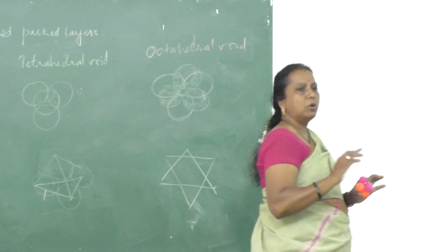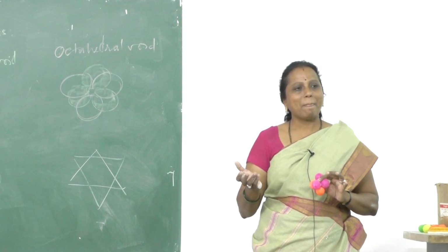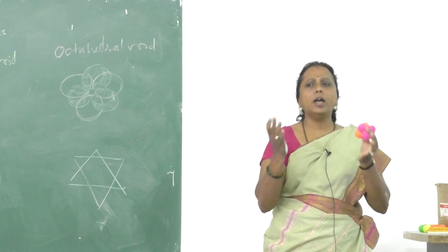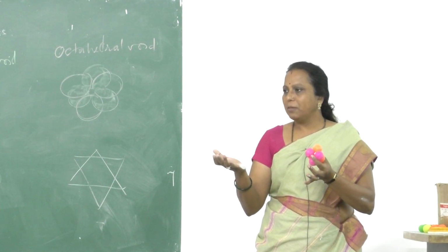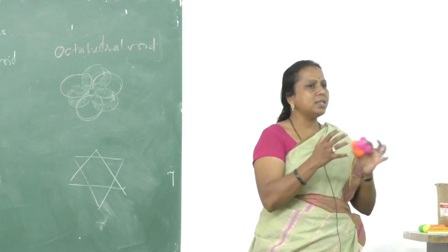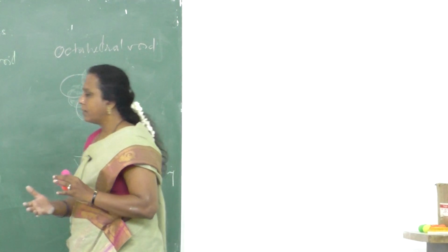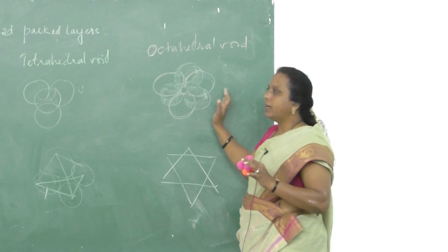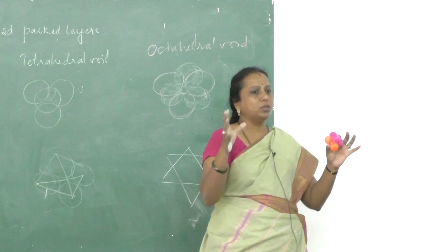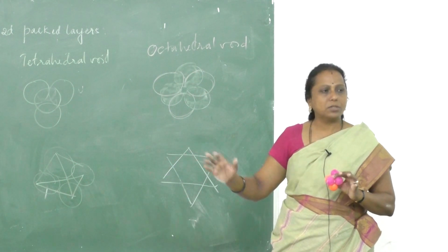See, which void is smaller? More the spheres, more the void. More the spheres involved, greater is the void. Which void is greater? Octahedral void is greater compared to tetrahedral void. It may look like the T void is bigger, perhaps the diagram is drawn larger, but it is not so.